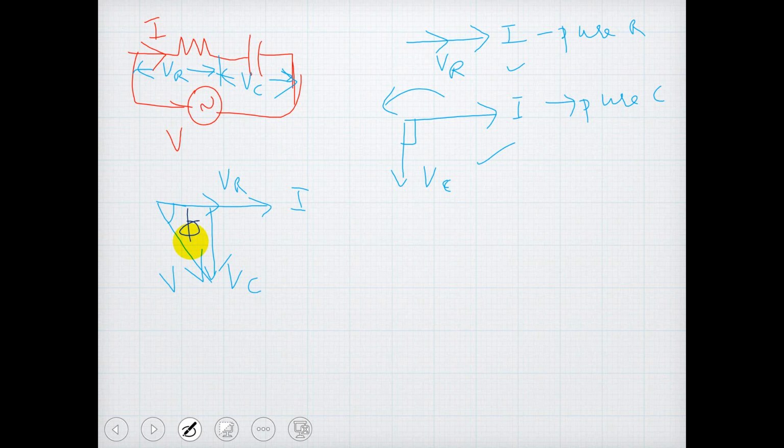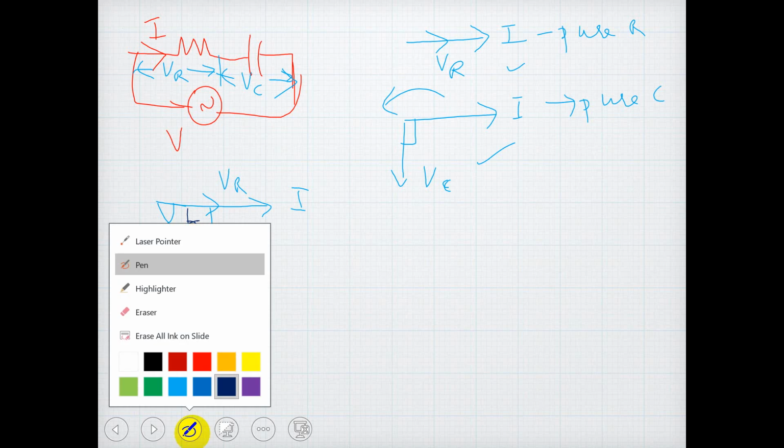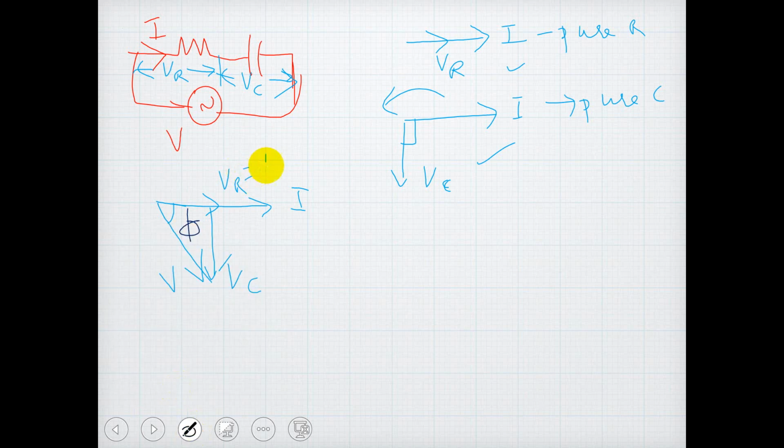Then we can write VR is equal to I into R. VC can be written as I into XC. So V is the vector sum of VR plus VC. Correct.